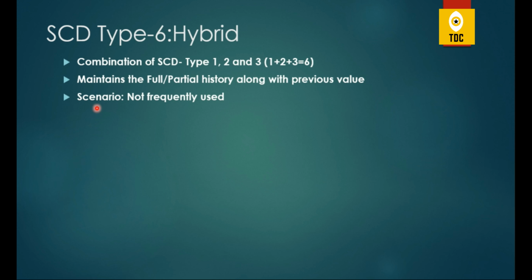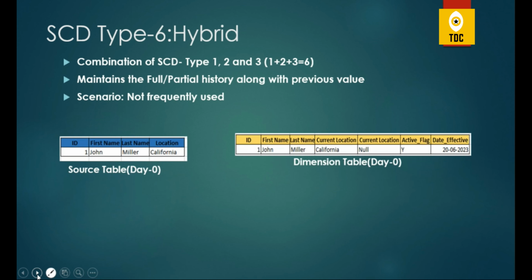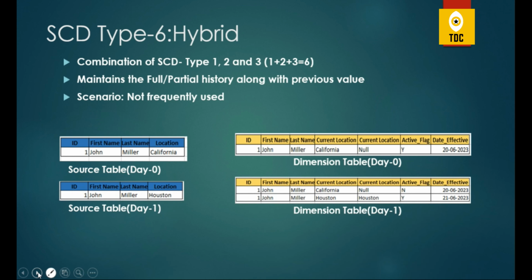This scenario is not frequently used, but let us see what exactly we are talking about. In the source table you have a record, an employee working in a particular location, and you capture that as it is. Let me get the next day's value to understand it better.